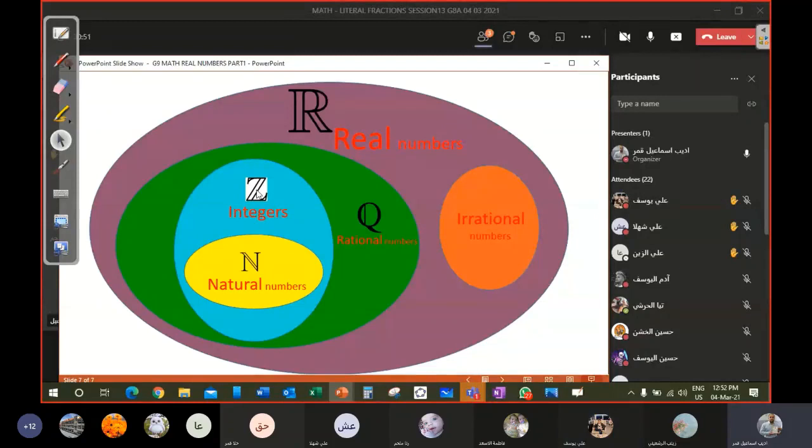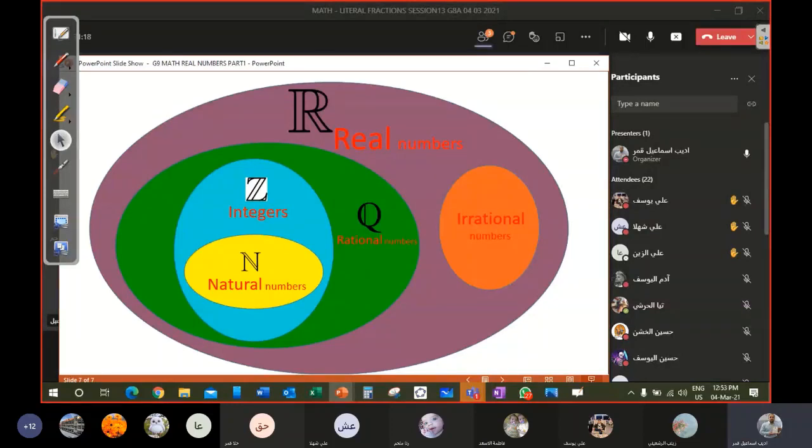In the blue set, which is Z, there are the negative numbers, the zero and the positive numbers. In the green set, which is Q, the rational numbers, there are the integers and there are the decimal and the periodic numbers.